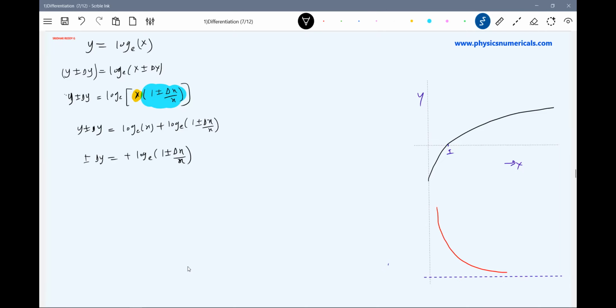Delta x tends to 0. If delta x is very small, from binomial expansion it will be plus or minus delta x by x, delta x by x whole square by 2 factorial, delta x by x whole cube by 3 factorial, and so on.